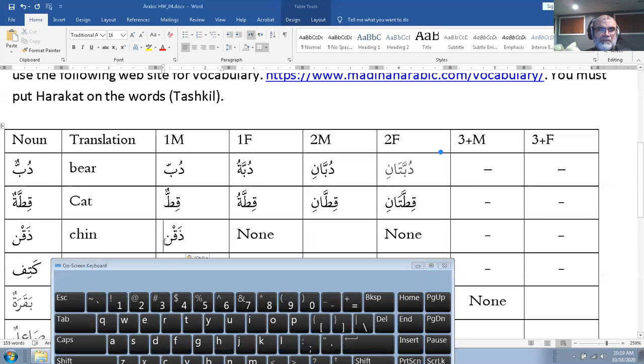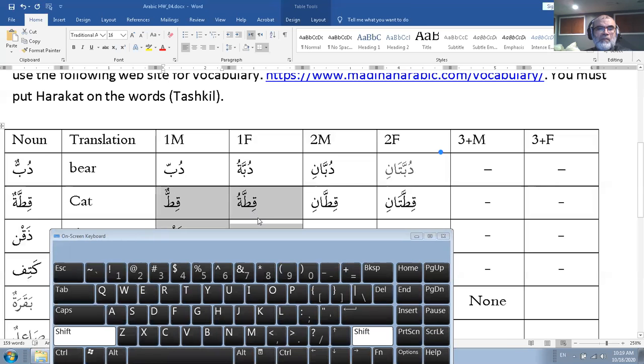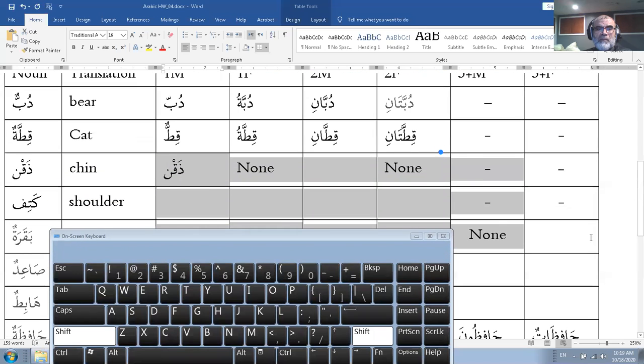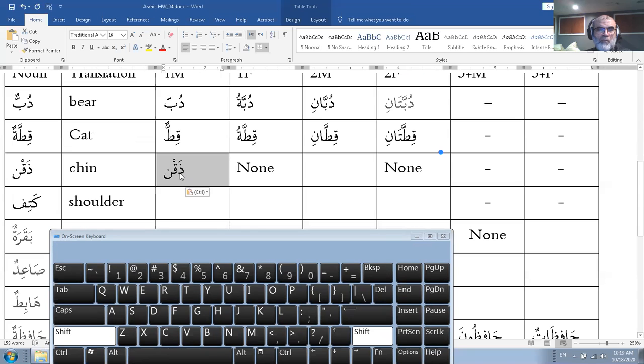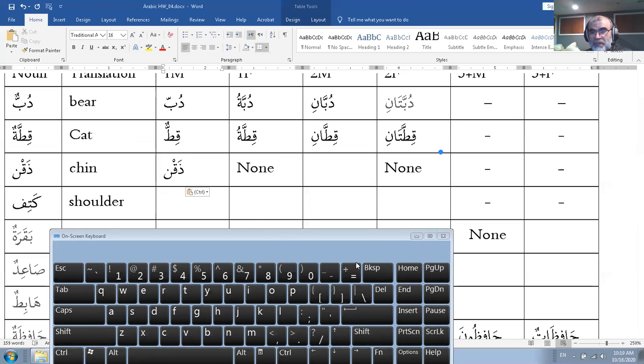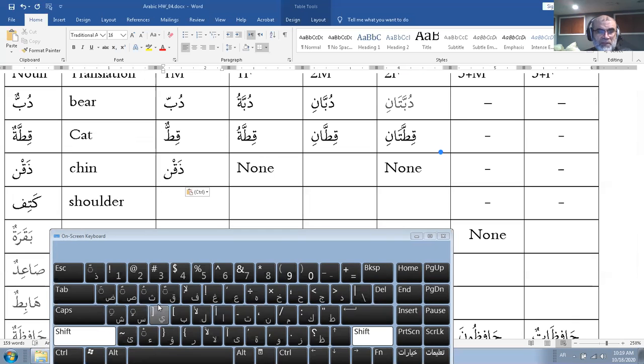So I do tanween, ذقن. Okay? Don't give me a female word for a chin, because it doesn't exist.